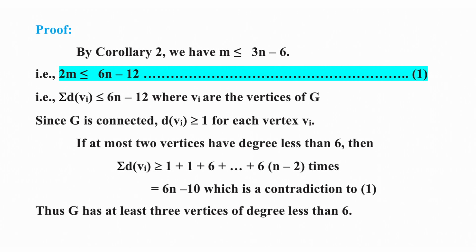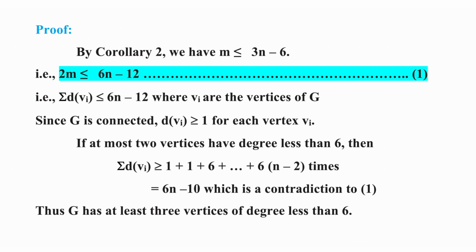The proof is: by corollary 2, we have m less than or equal to 3n minus 6, that is, 2m is less than or equal to 6n minus 12, that is, the summation of degree of Vi is less than or equal to 6n minus 12, where Vi are the vertices of G. Since G is connected, d(Vi) is greater than or equal to 1 for each vertex Vi.